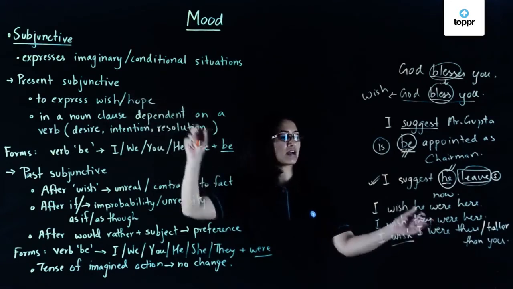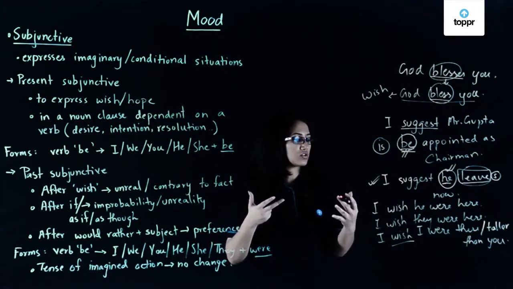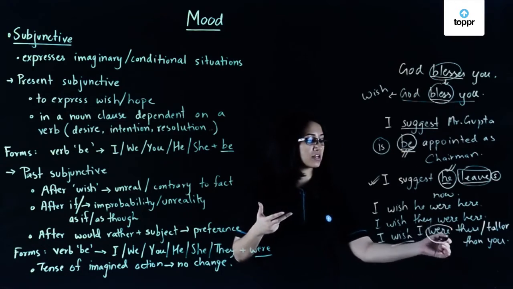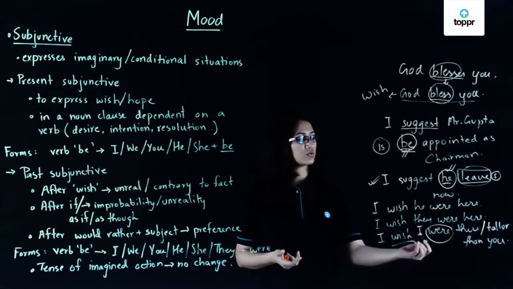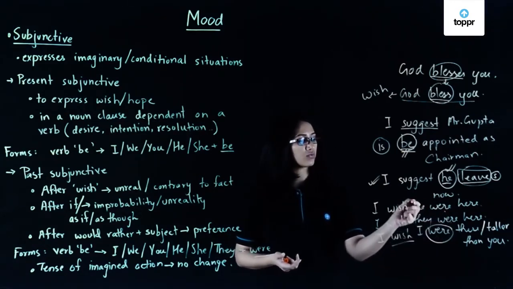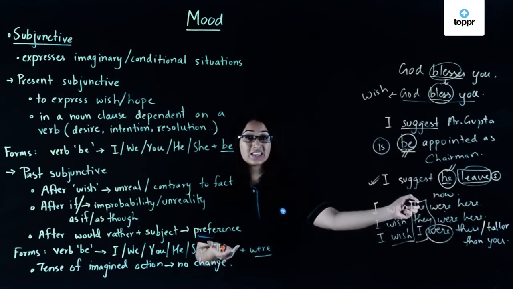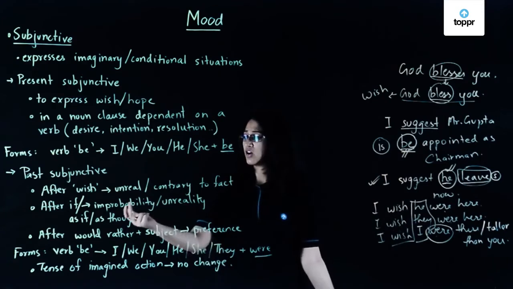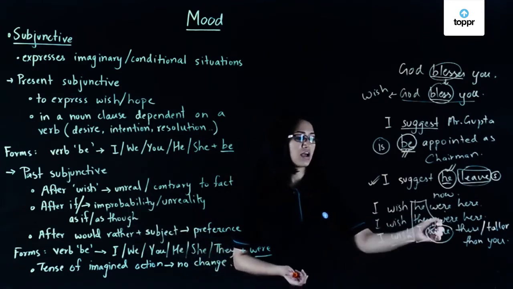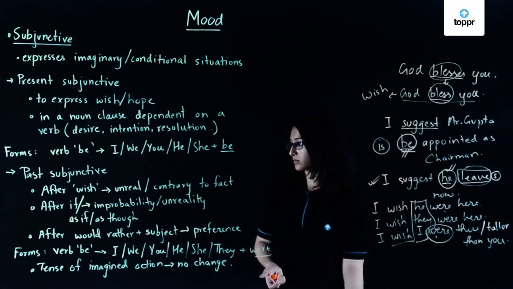It's imaginary that I'm wishing that I was taller than you. Although we normally use I was, here we're using were regardless of what my subject is. So regardless of whether it's he, she, they, or you, we use were as the be form of the verb.